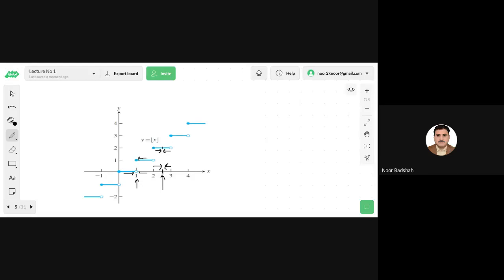So in both cases this is approaching to which point? To 2. So at this point left hand limit and right hand limit both are 1. Sorry, both are 2, right? At x equal to 2.5 if you consider.